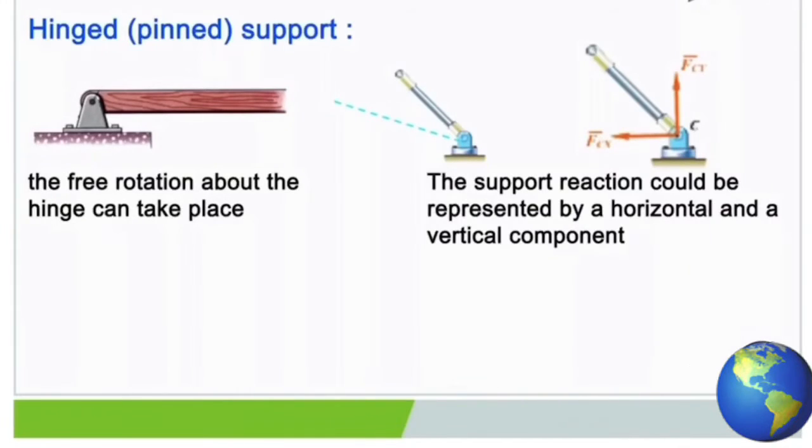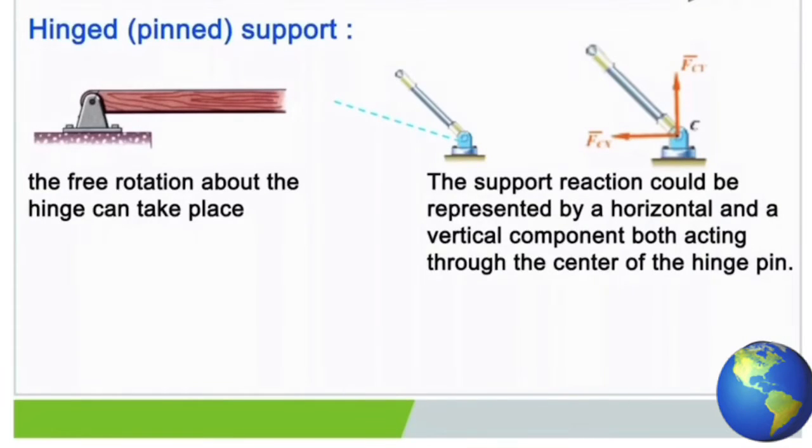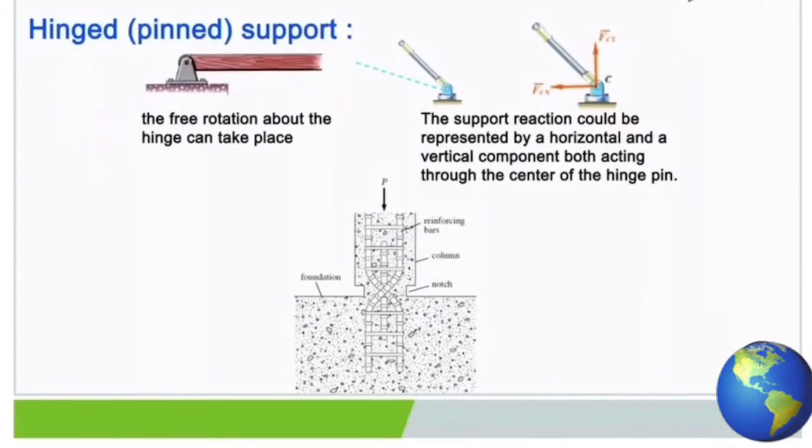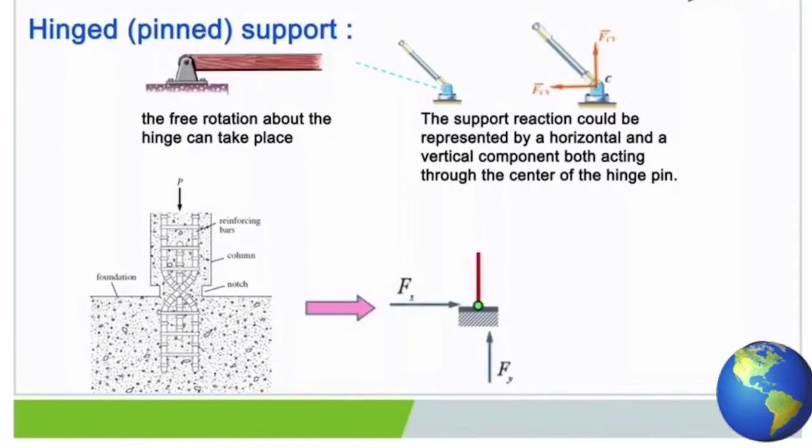The support reaction could be represented by a horizontal and a vertical component, both acting through the center of the hinge pin. This figure shows the connection of a reinforced concrete column and the foundation. There are notches here. It can be simplified as a hinged support. We usually use such computing models to represent a hinged support.